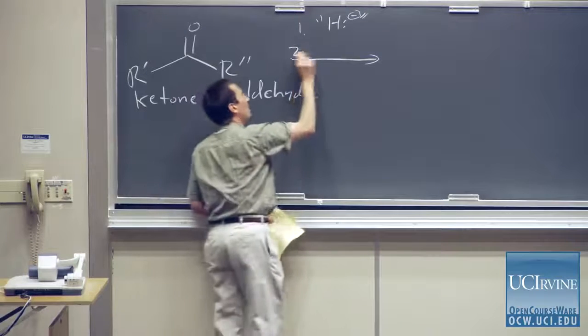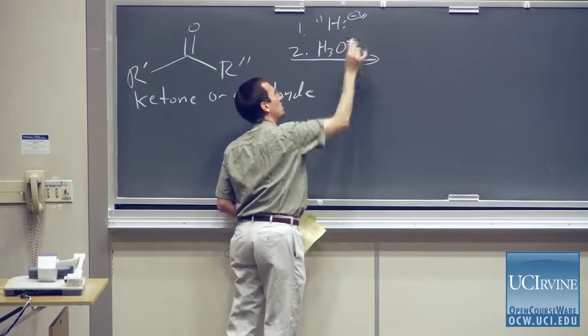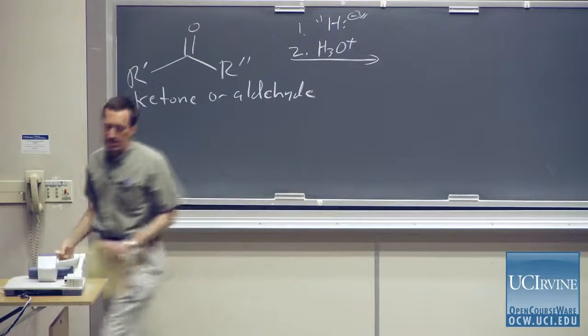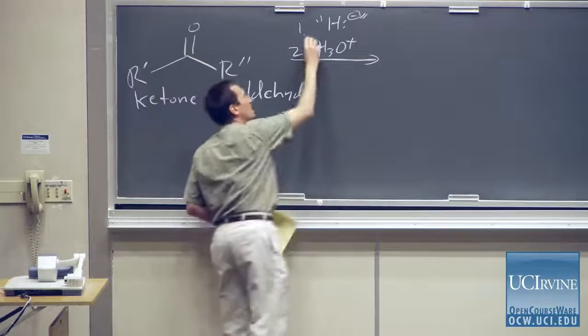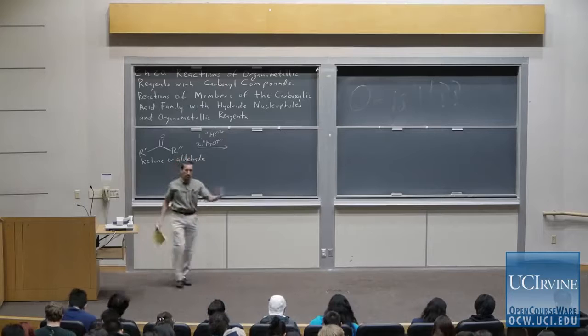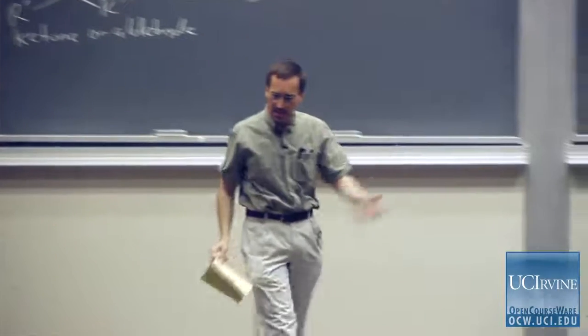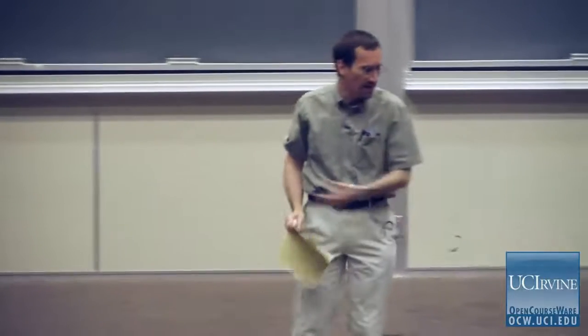And then we carry out a workup with aqueous acid, H3O+, or in some cases you can use water. Again, I'll put this in quotes because you can't go and buy a bottle of H3O+. You could take sulfuric acid and pour it into water to make hydronium ion and bisulfate ion.